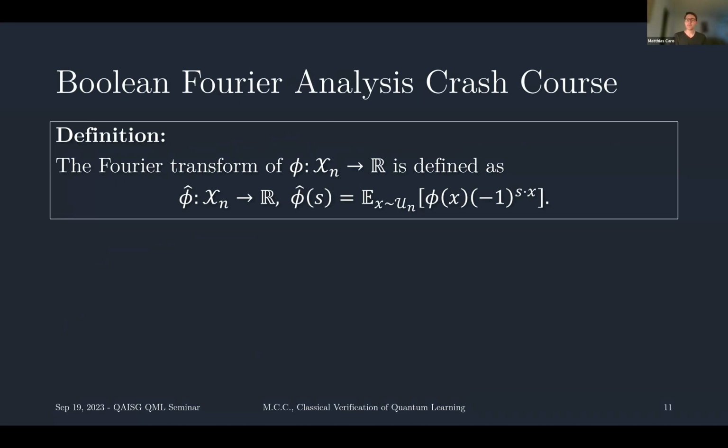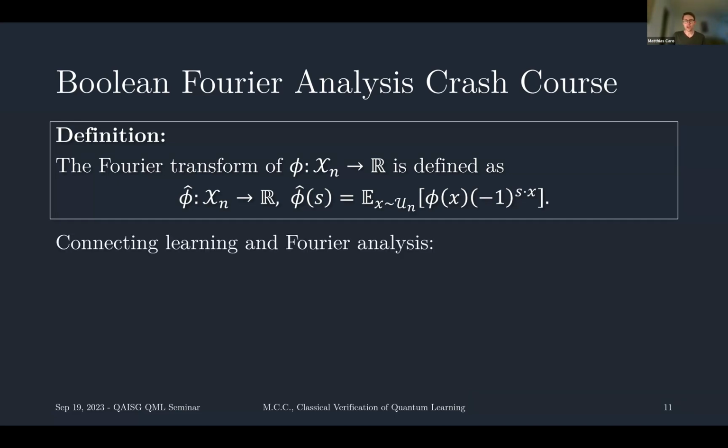We take the expectation value over uniformly random inputs x of the function phi of x multiplied with (-1)^(s·x). These (-1)^(s·x), you can also view those as functions, and they form essentially the orthonormal basis that we need for the Fourier analysis in this case. So this is the mathematical formula, but if you want a simpler way of thinking about it, it's really the Boolean analog of Fourier expansion with sines and cosines, only that here we only have a finite domain.